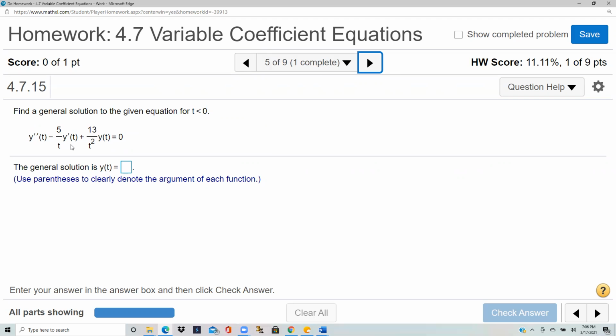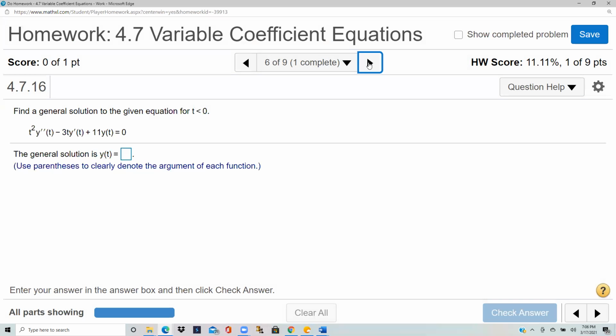Here it's again the same. You multiply by t² on both sides first, and then that becomes a Cauchy-Euler equation. This one is already fine.